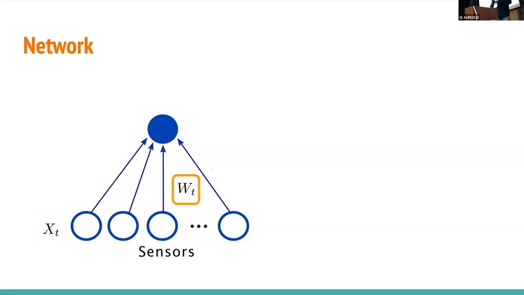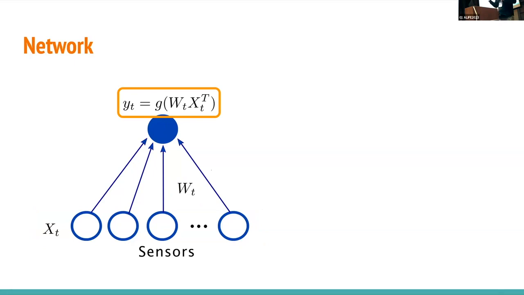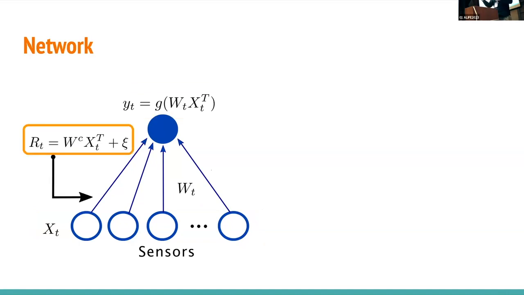And then the agent has a weight vector, which is the internal representation of the ingredient distribution in this agent. And it makes a prediction about what the value of the presented food is.